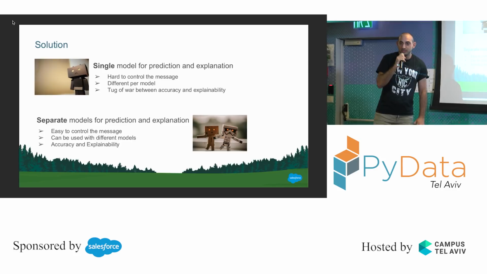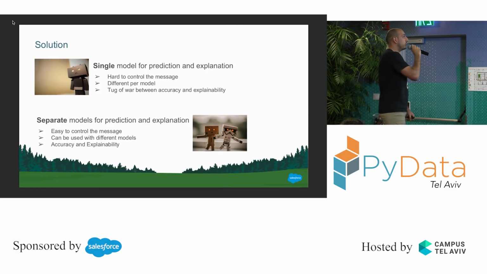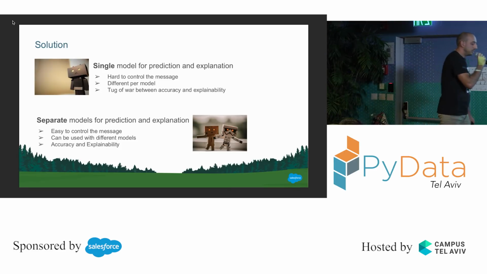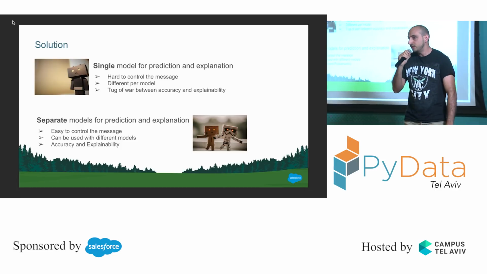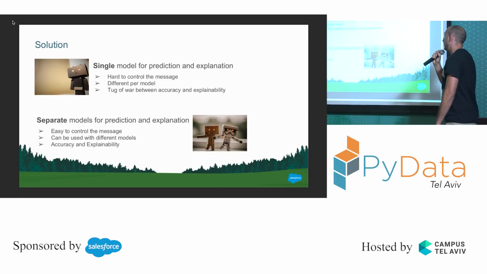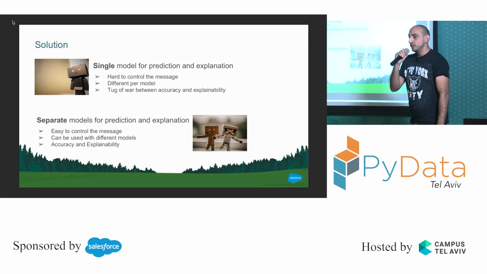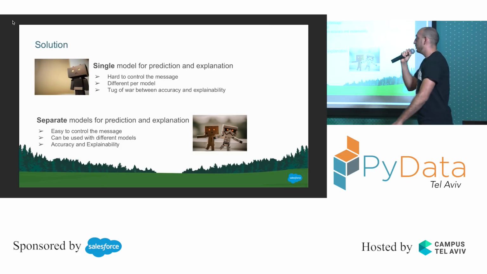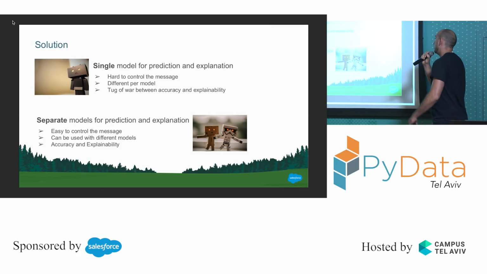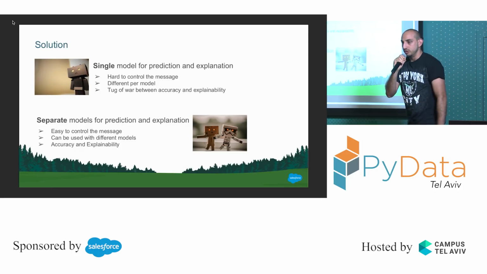So we decided to split. Let's use two separate models. One model will be used for the prediction, and another model will be used for the explanation. Now, there are some advantages to this decision. One of them is that it allows us to freely change the prediction model and use a number of different prediction models with different degrees of precision without needing to change the underlying explanation behind it.